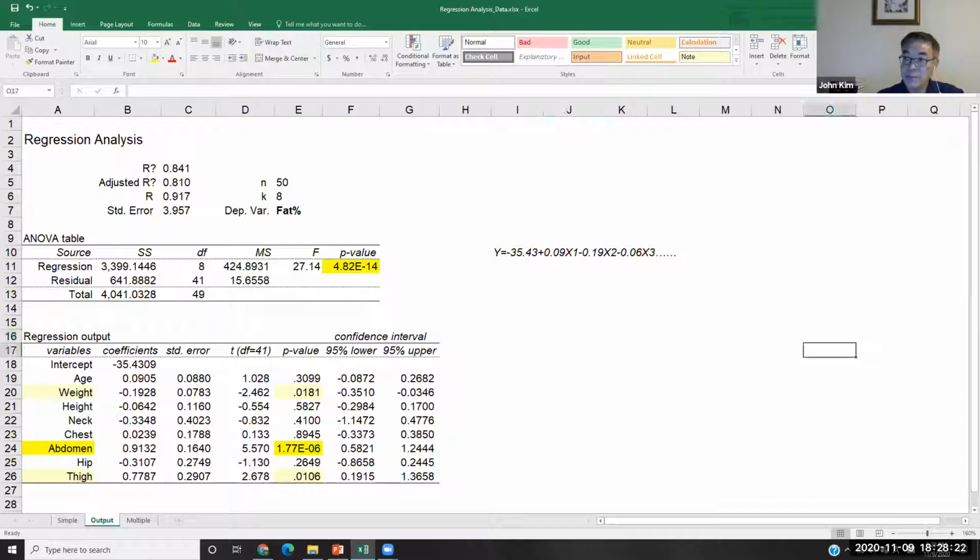Okay, then we don't know which x variable affects the y variable, and how much. And if they are good to predict the y variable, we need a kind of test.